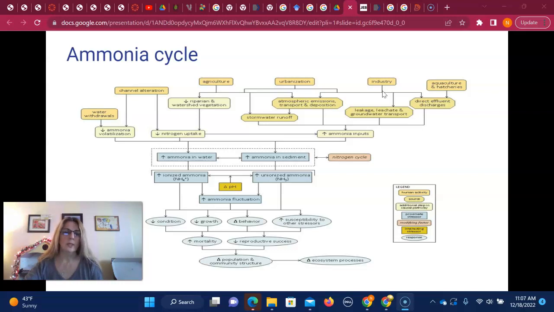So these ammonia fluctuations in turn will result in affecting the fish, which will result in reduced condition, decreased growth, change in behavior, increased susceptibility to other environmental stressors like disease, increased mortality, decreased reproductive success, which will result in changes in population and community structure, as well as ecosystem process changes, which we're seeing by the fish deaths.